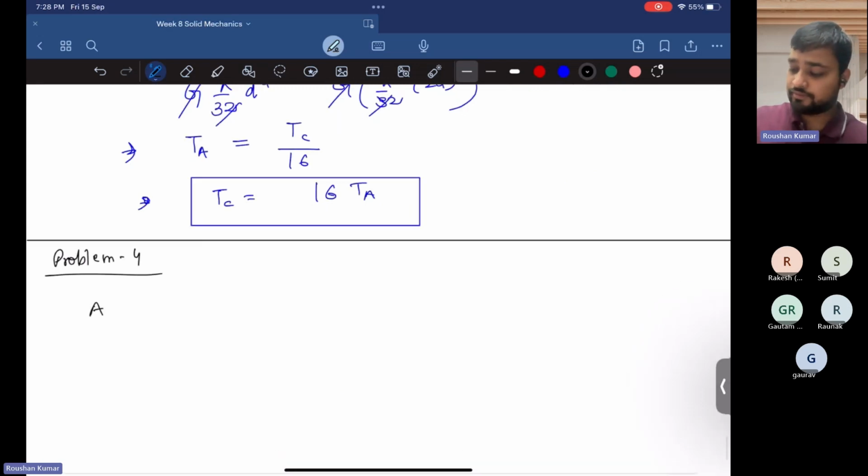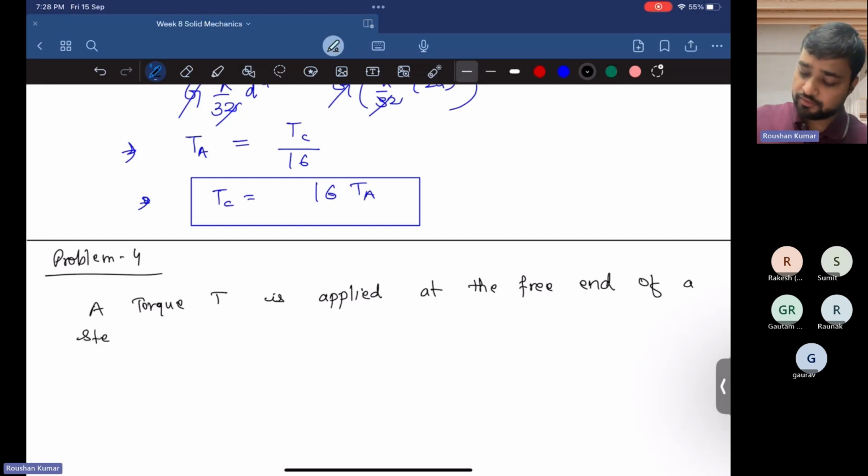A torque T is applied at the free end of a stepped rod. A torque T is applied at the free end of a stepped rod of circular cross sections as shown in the figure.